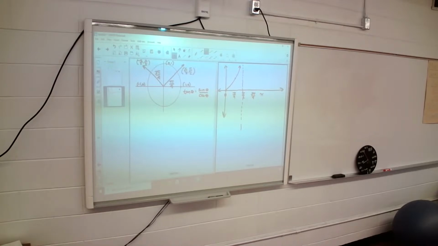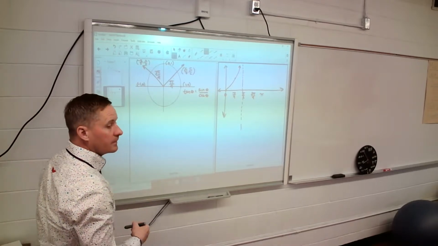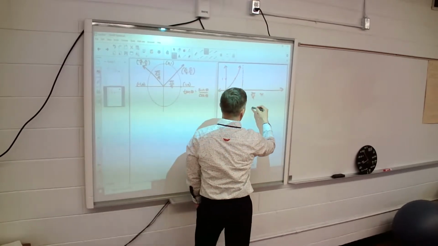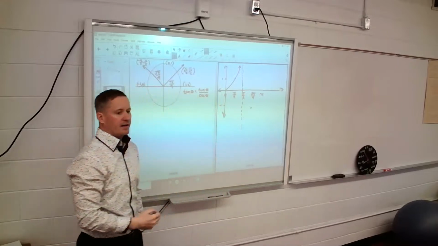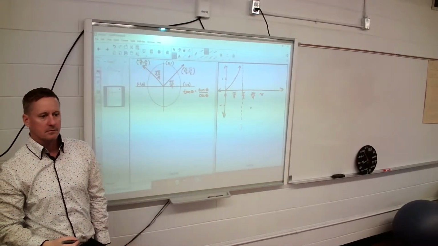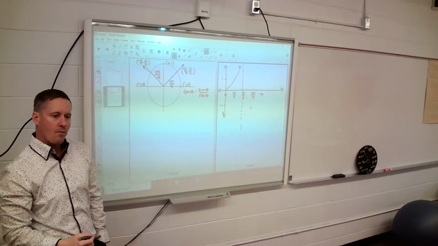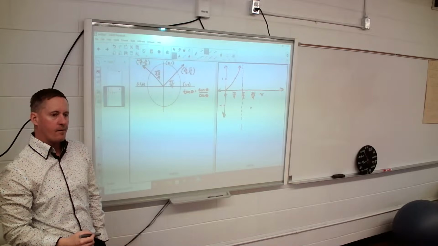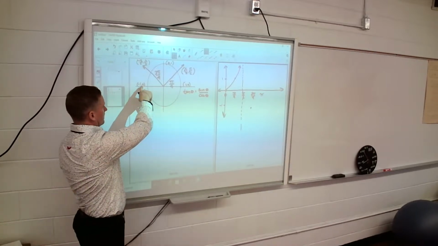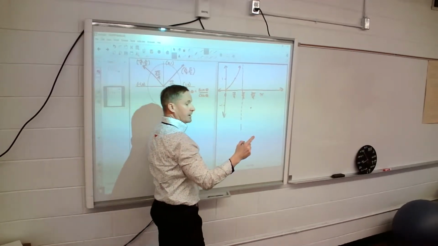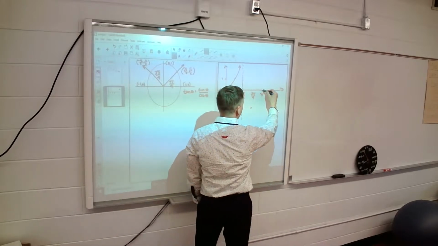Now let's look at 3 pi over 4. What's the value of 3 pi over 4 for tan? -1. So this is 1, this is -1, right here. What's the value at pi? 0, 0 over -1. And remember, I said it's a periodic function, so look what happens.